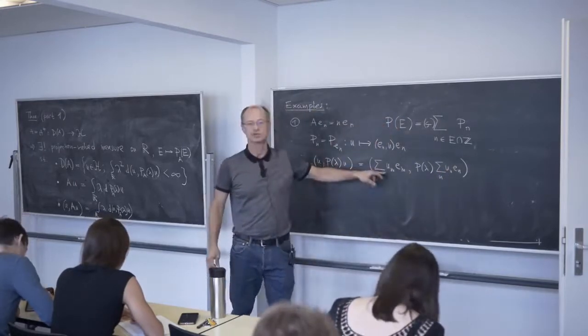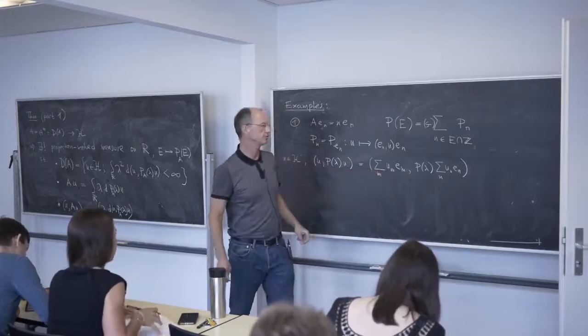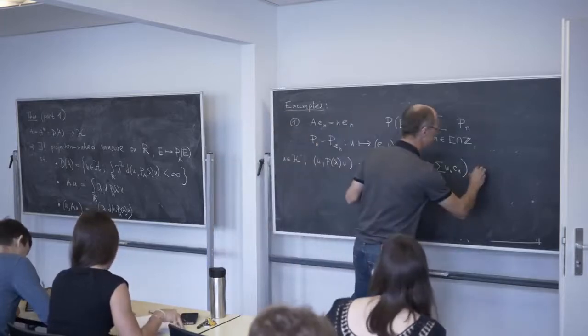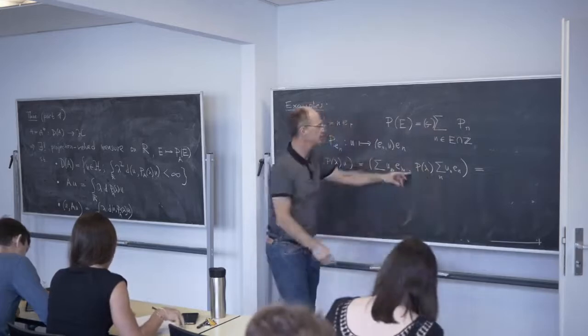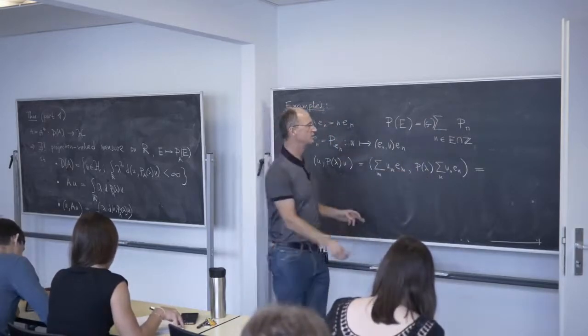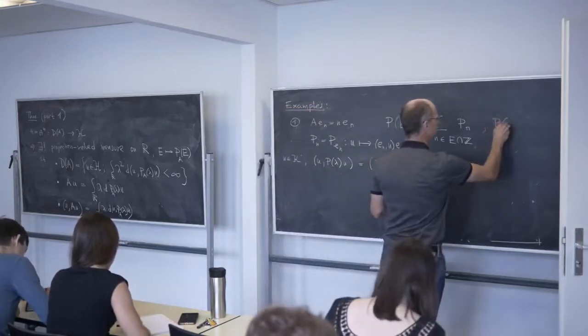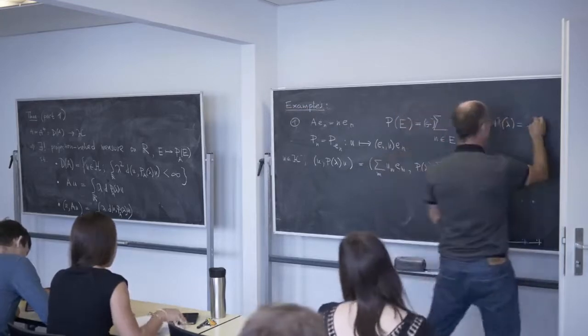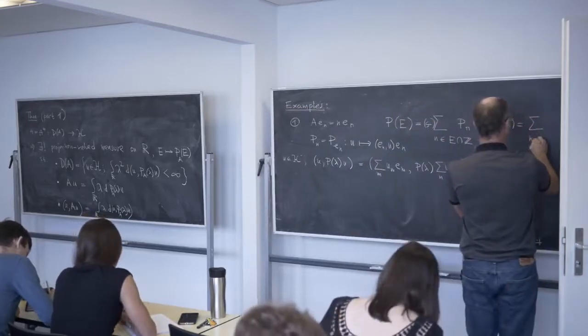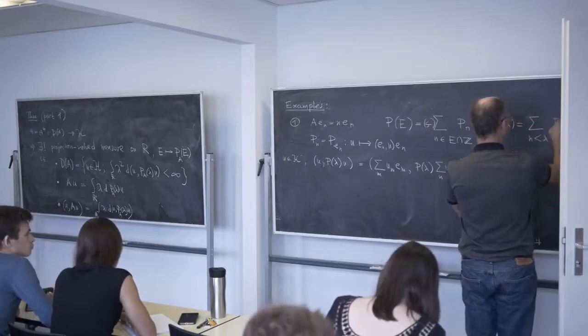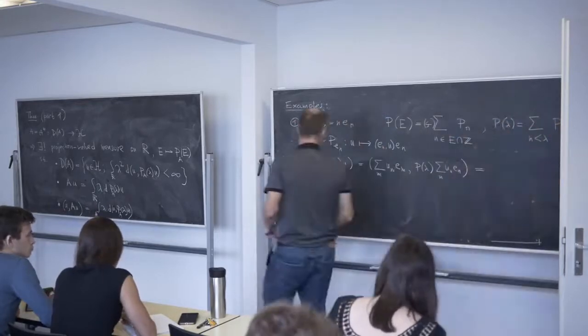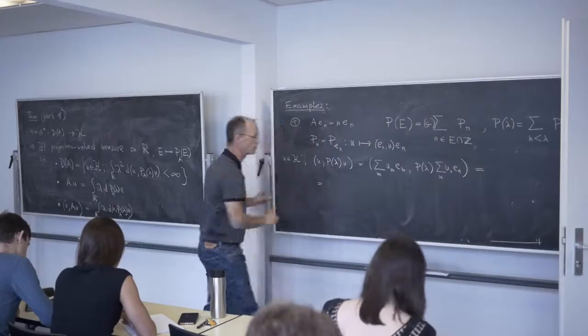So those sums, of course, converge in the norm of H. Now P of lambda acts, maybe I should write it as well. P of lambda is a sum of Pn over n smaller than lambda, right?